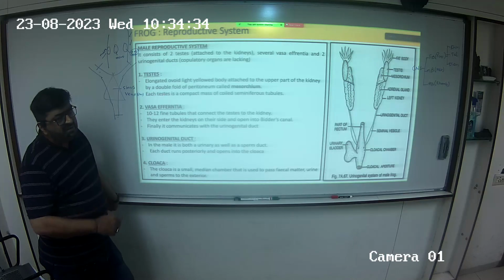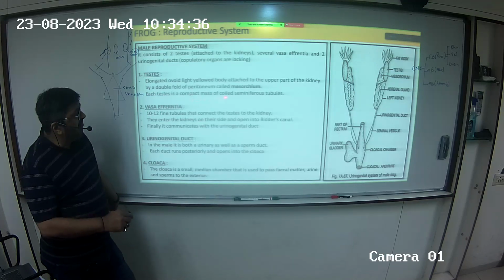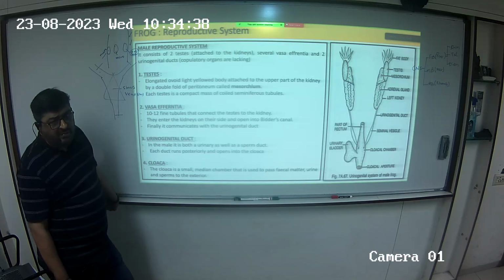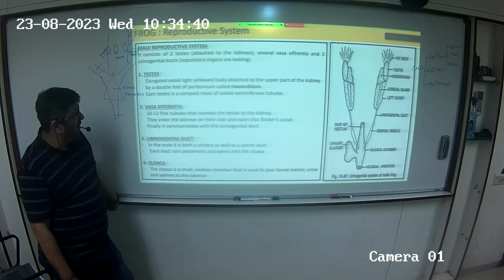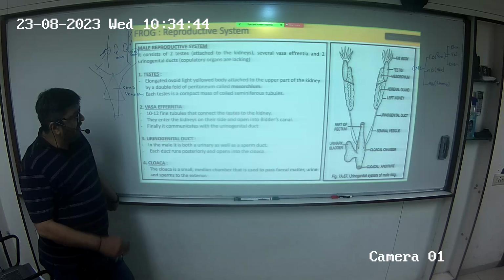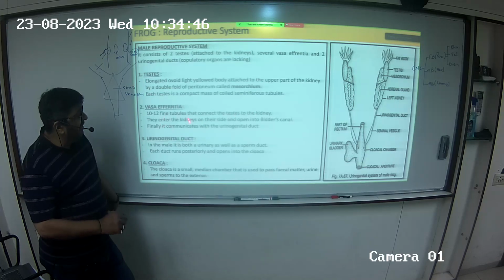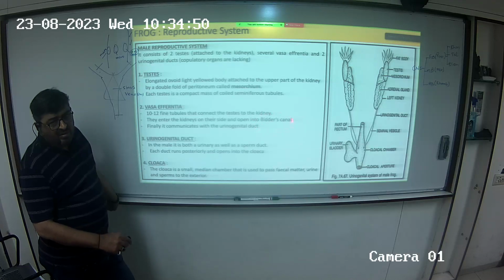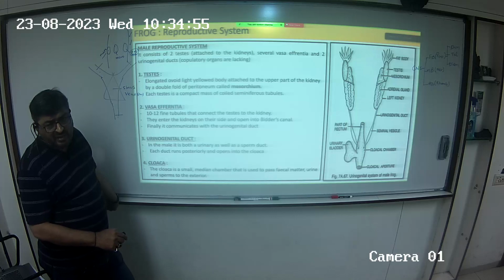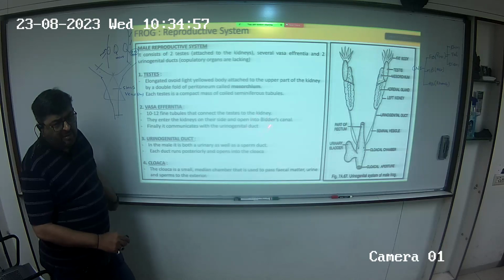Each testis is a compact mass of nothing but coiled seminiferous tubules. Vasa efferentia connecting the testes to the kidney. They enter the kidney on their side and open into the Bidder's canal. Bidder's canal. So connection between the testes and the kidney is called as the Bidder's canal.